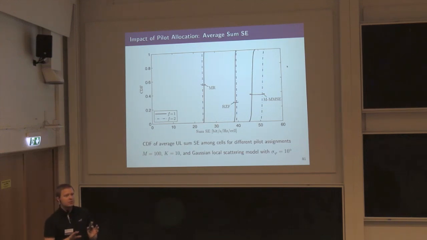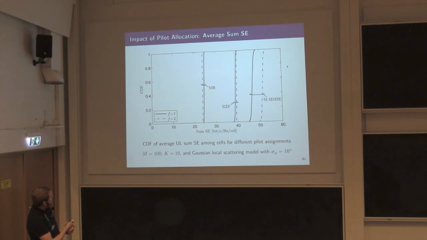So I let the users stay still and I randomize the pilot allocations, and I do this thousands of times so I can plot a cumulative distribution function of the sum spectral efficiency that you're going to see per cell. And the black curves are with pilot reuse factor of 1, and the blue curves are with pilot reuse factor of 2, and I'm using once again these square cells in the running example.